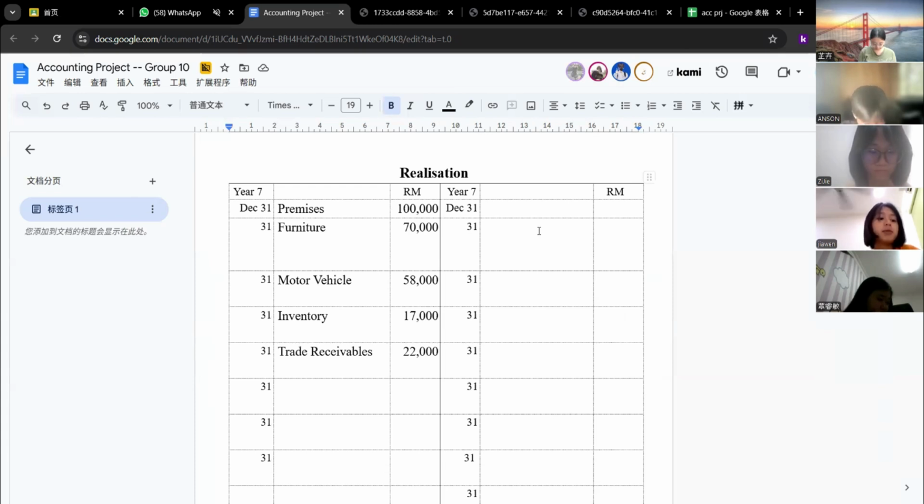The first liability is trade payable, which amounts to 34,000. And then is bank overdraft. Bank overdraft we have to record on the credit side of bank. And in particular, we have to write balance b/d.